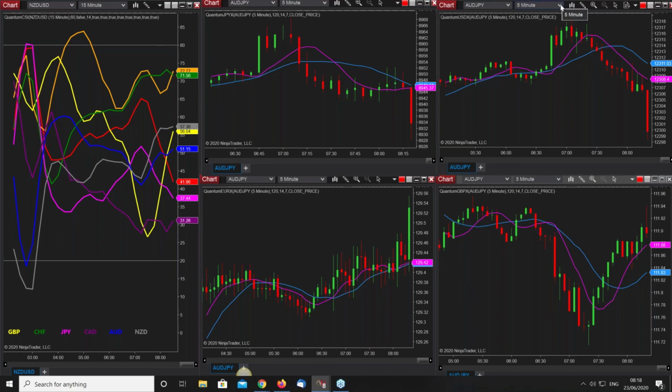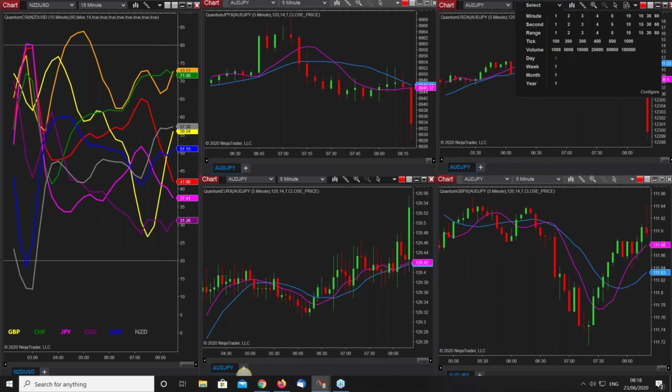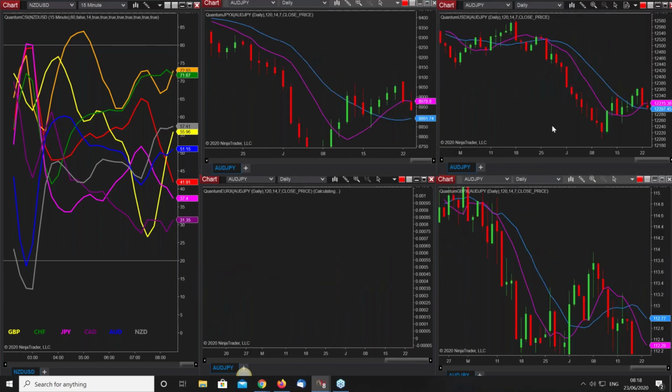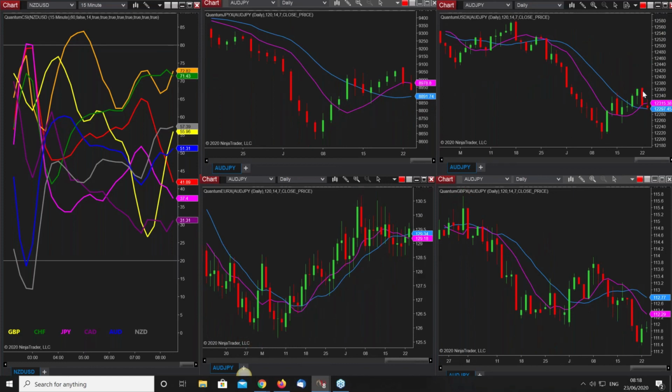But what I actually wanted to show you was this. Just flick this over onto the daily time frames. And this was yesterday. So what are we looking at in terms of what was driving that move for cable yesterday? We've got the dollar falling very strongly, and we've got the pound rising very strongly.